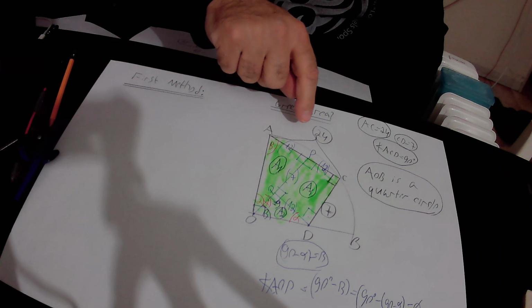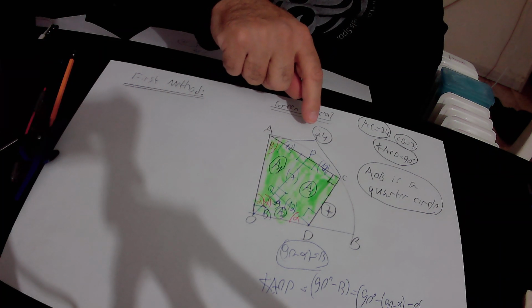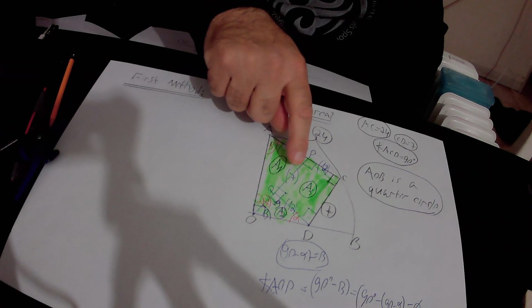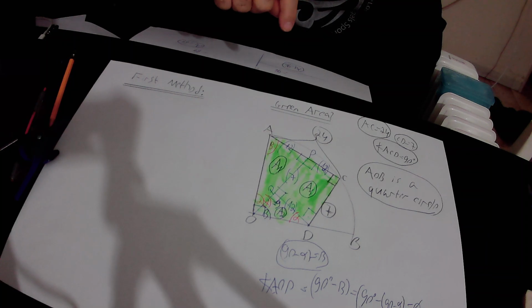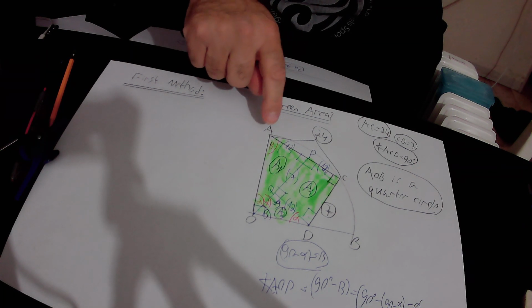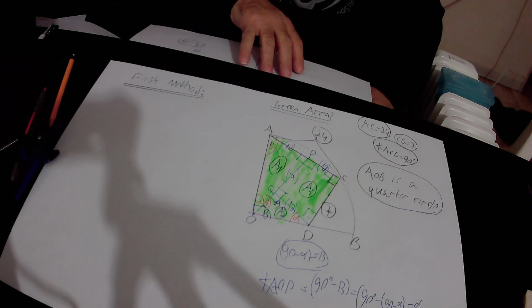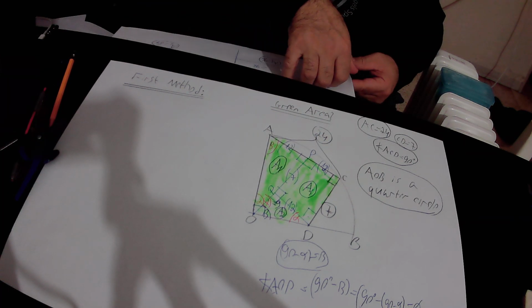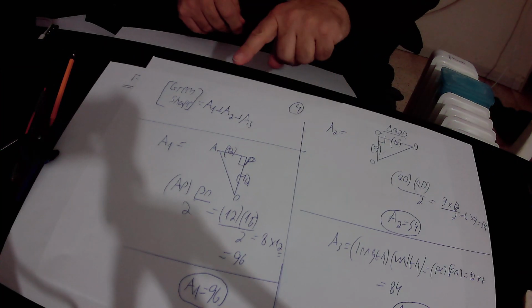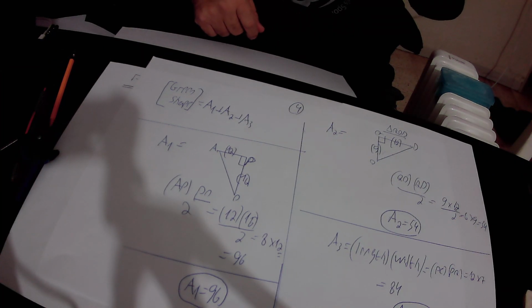And finally, the third part is the area of the rectangle PCQD that we defined as A3. It is obvious from the drawing that in total the area of the green shape will be equal to A1 plus A2 plus A3.